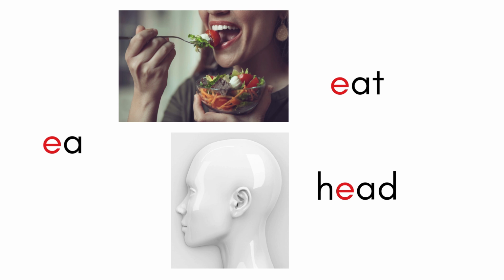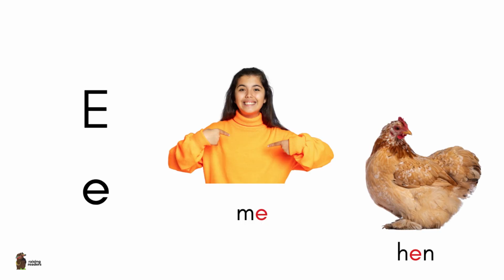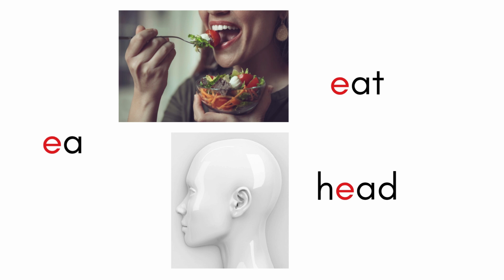She's just supporting the E. The E is going to make two sounds, just like it did here. The EA is going to say E, like eat, and it's going to say eh, like in head. So the A is just a supportive queen because she's just a bestie. And the E is going to say E as in eat and eh in the word head.